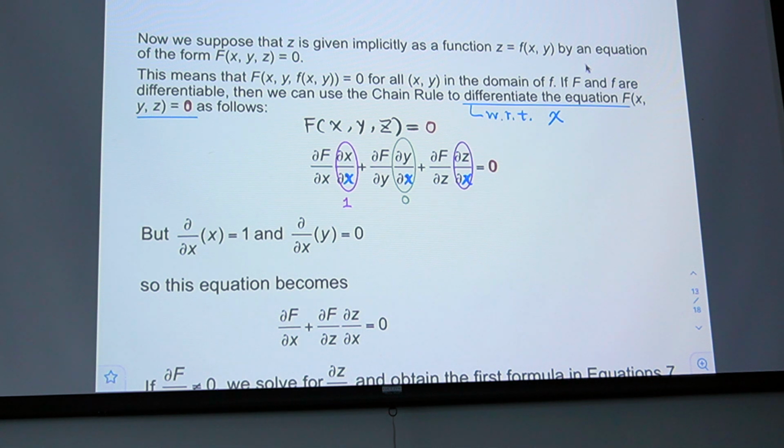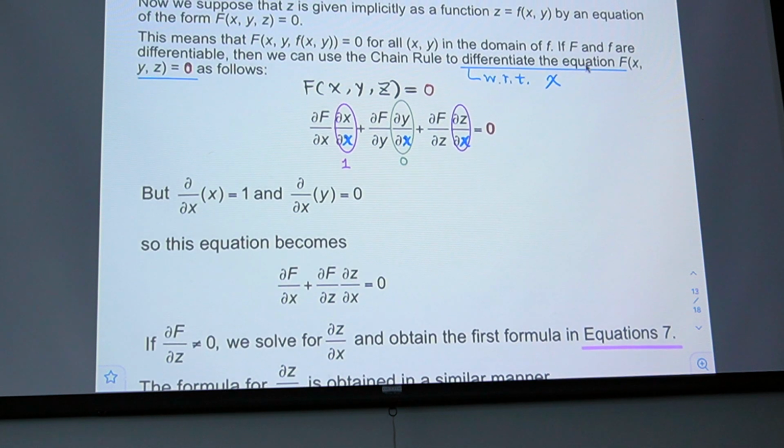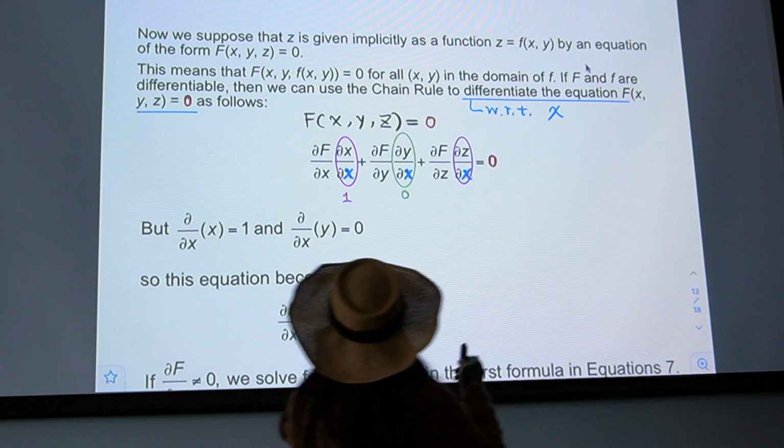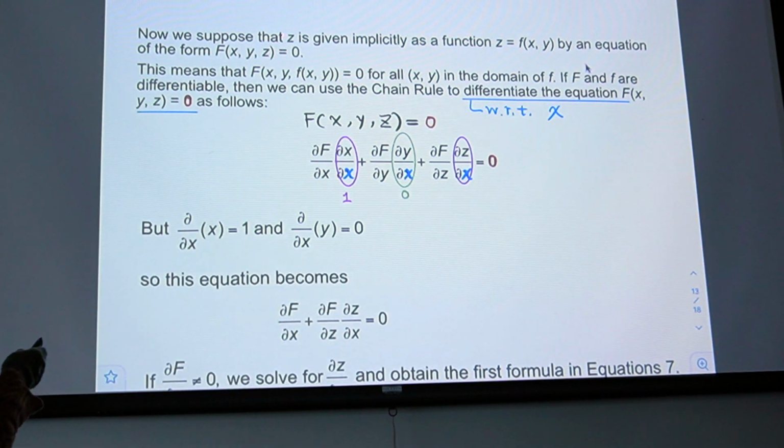It's very similar to before. So what do we have? This time, instead of a two variable function, it's going to be a function of 3 variables. You have this capital F function with 3 variables here, and z is a function of the first 2 variables.